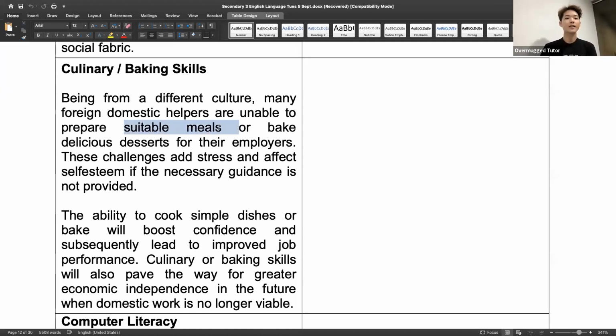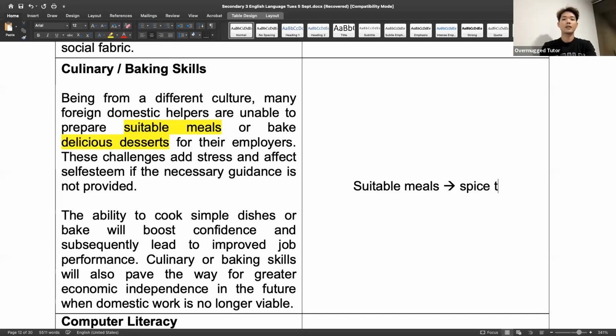So over here, we have things that we can unpack. Suitable meals, that's one word. Delicious desserts for their employers. You can also talk about it. Right. So suitable meals, maybe if they come from Indonesia, for example, maybe it's very spicy.